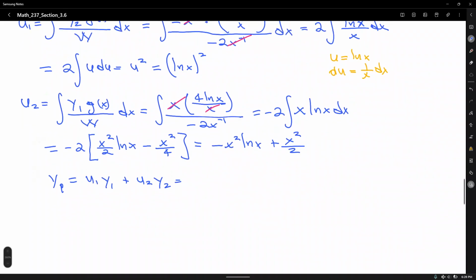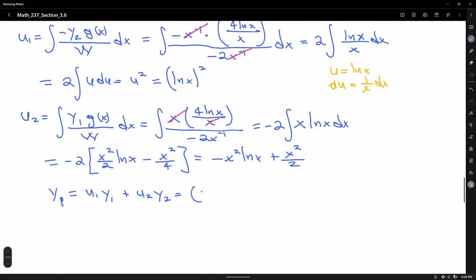Okay, so that is u1, which is ln x quantity squared, times y1, which is x, plus all this negative x squared ln x plus x squared over 2 times y2, which is x to the negative 1.